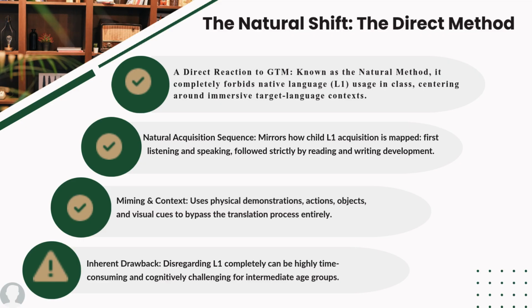Usually, teachers utilize visual cues, object demonstrations, and miming to bypass translation completely. However, as university level observers note its main drawback, completely avoiding L1 can be extremely time consuming and cognitively taxing for complex, abstract concepts.